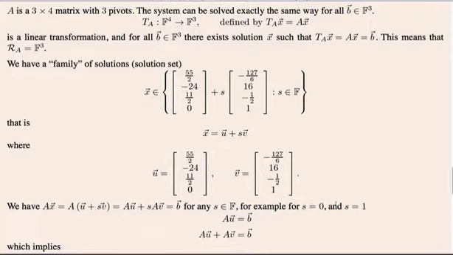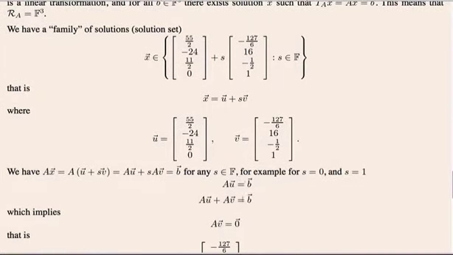For example, it holds for s equals 0, and it also holds for s equals 1, because we get a solution whether you replace s with 0 or s with 1. If you replace s with 0, then what this says is that A times u equals b, and when you replace s with 1, what you get is A times u plus A times v is b.